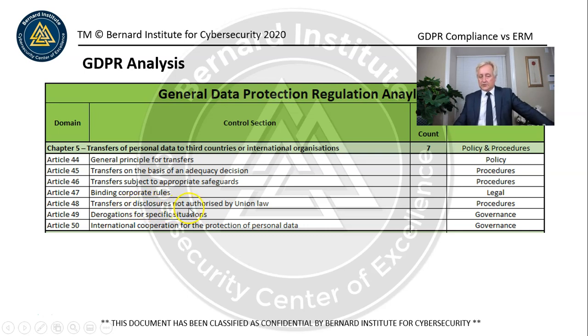Transfers of or disclosures not authorized by union law. So we need to have some procedures around how that's handled. I know from my experience with EDS, I helped design the PIA and the TRA strategy in order to migrate data, citizens' data from the government, from the Ministry of Small Business and the Ministry of Revenue, into the hands of a commercial enterprise who is managing that as an alternate service delivery organization.